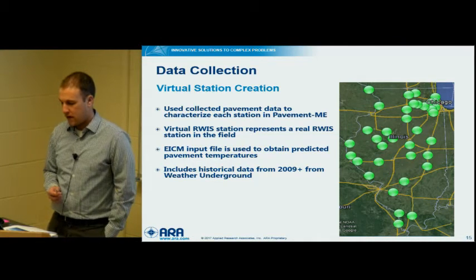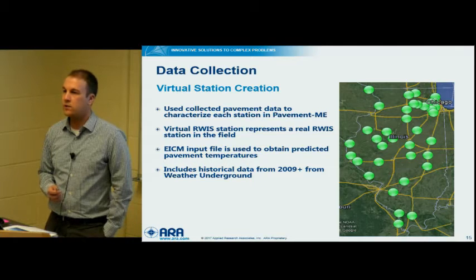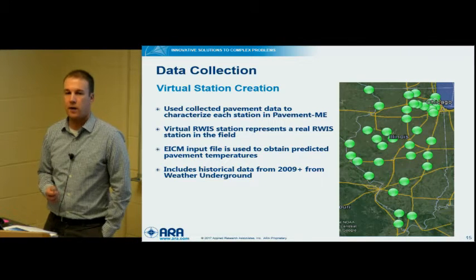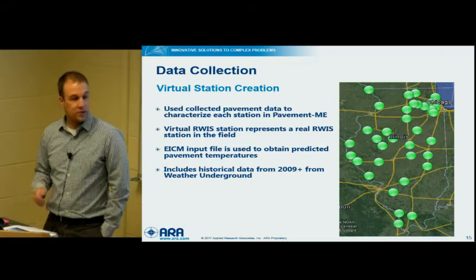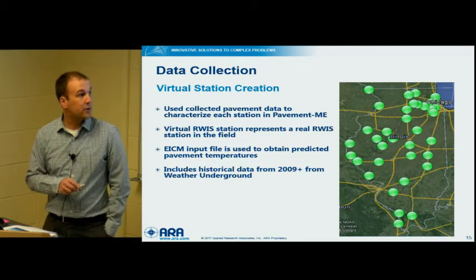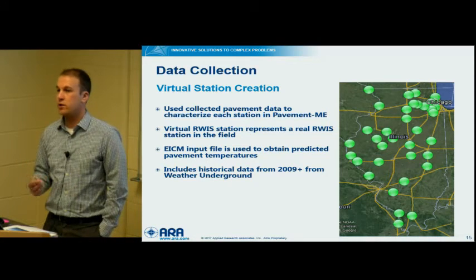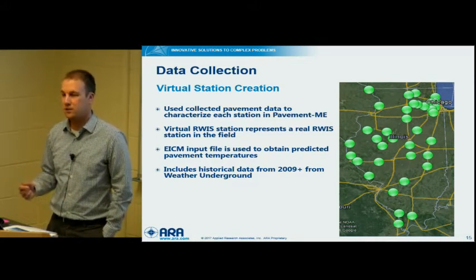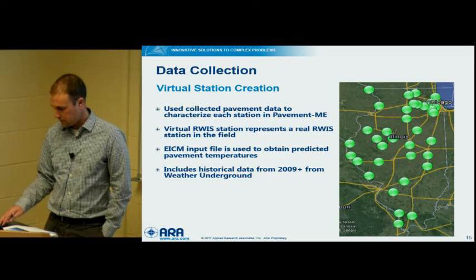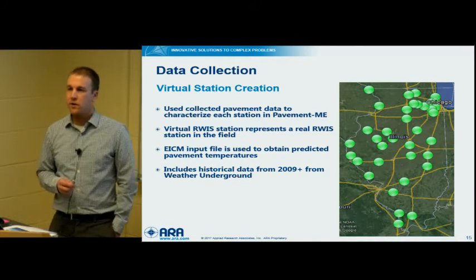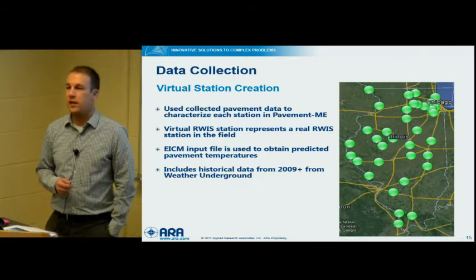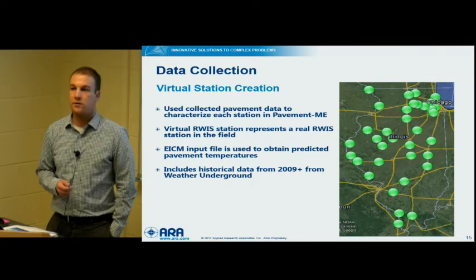Once we have that, then we can run the software, or run the EICM, and get our pavement temperatures. So as you can see here, this is basically where we created all of these different virtual stations to represent what I just showed you in the previous slide for all the physical stations. And most of the RWIS temperature data range from 2009 to 2015, depending on the site itself.